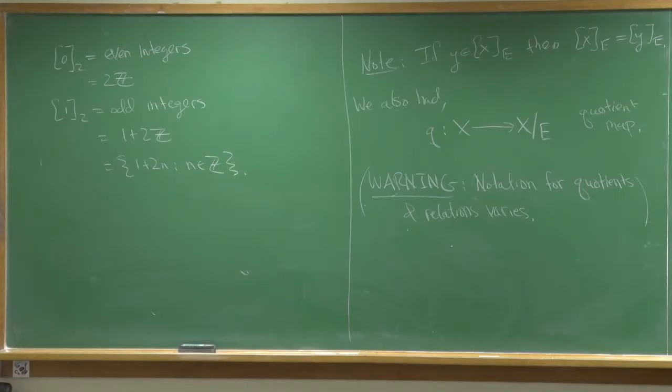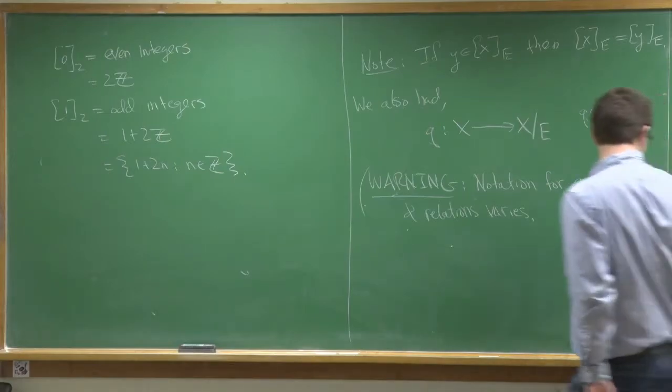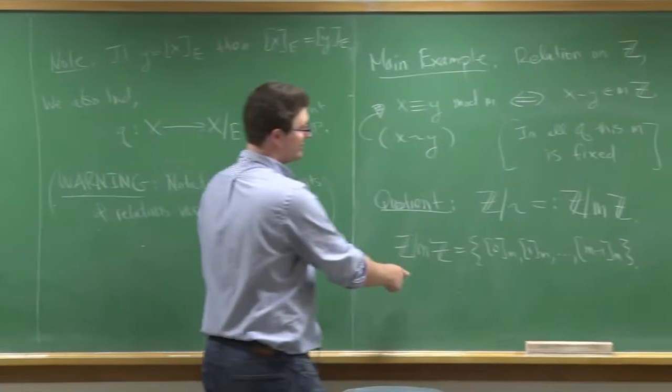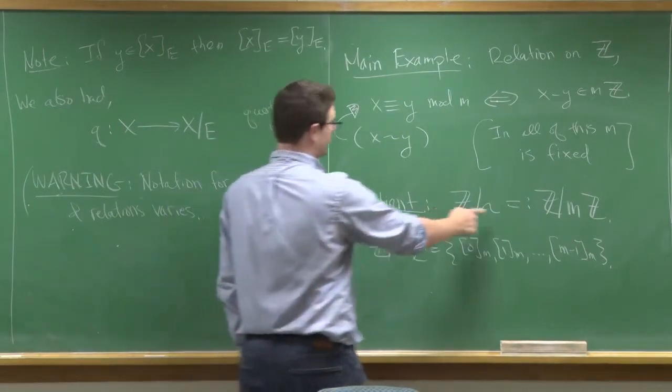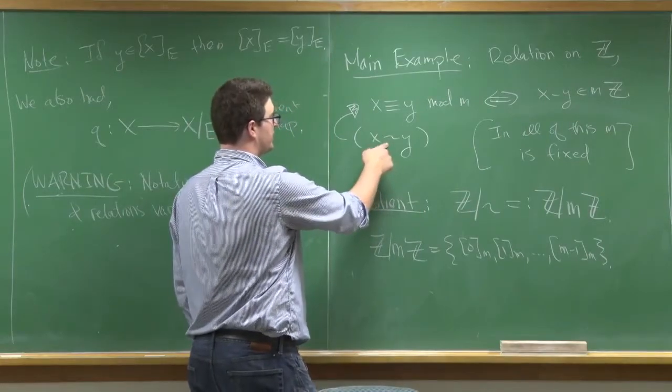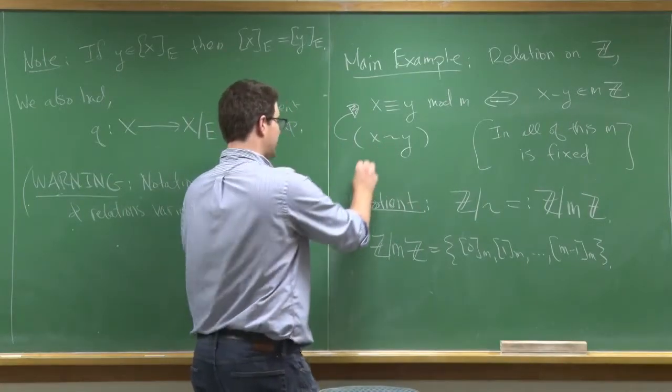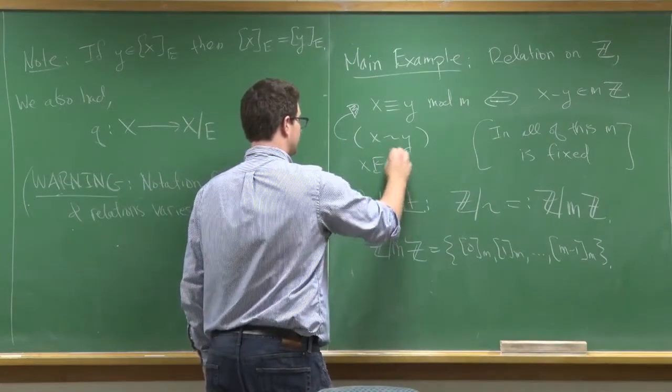I just wanted to get that out of the way. Student: That's not an m, right? This squiggle is the equivalence relation, so this is the same thing as x E y.